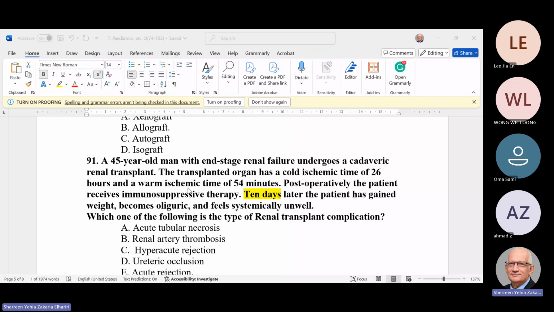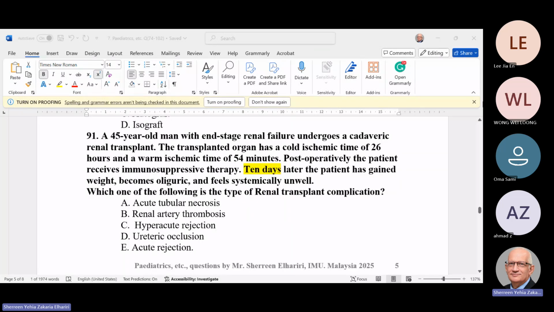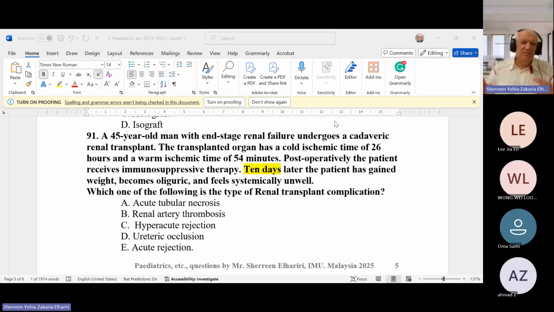In questions about transplantation rejection, it is easy to divide it by day: hyperacute, acute, and chronic. Hyperacute occurs within minutes, during surgery, maybe within 1 to 2 hours. It is usually due to incompatible blood transfusion or mismatching.